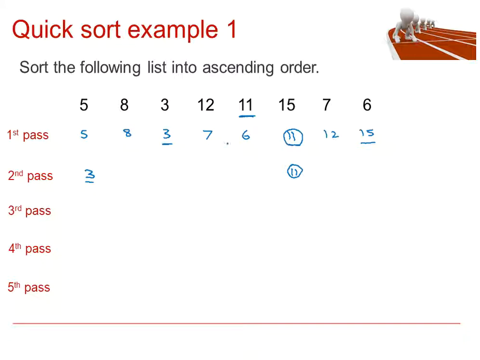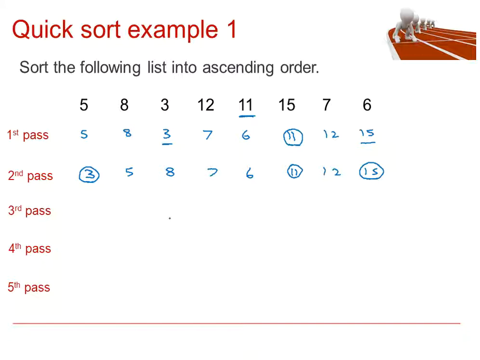All the remaining 4 elements are bigger than 3, so they follow 3, so that would be 5, 8, 7, 6. Make sure you keep them in their original order. 12 is smaller than the pivot, so 12 stays to the left of 15, and that 15 is now fixed, and 3 is now fixed.